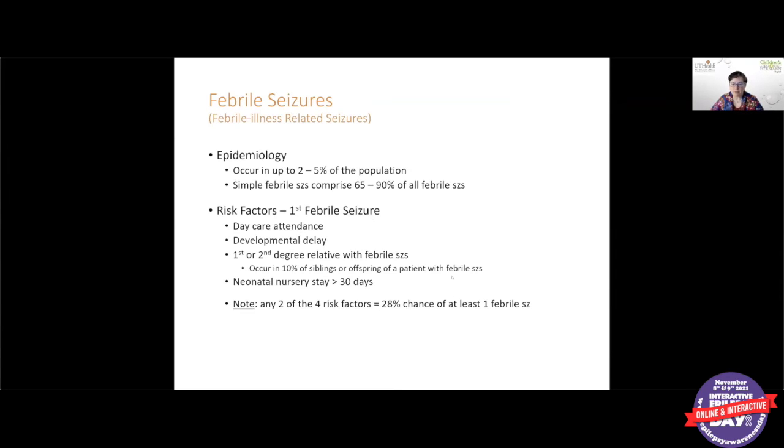And about 10% of the time, the child who's had a febrile seizure will have a sibling or a relative who has had febrile seizures as well. And then also if there have been complications at birth requiring the baby to stay in the hospital for the first month of life, for example, can sometimes increase the risk of febrile seizures happening.